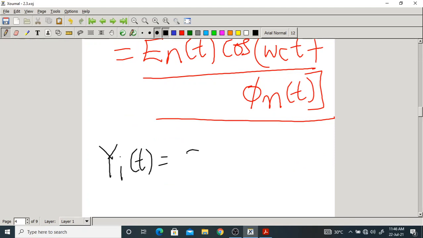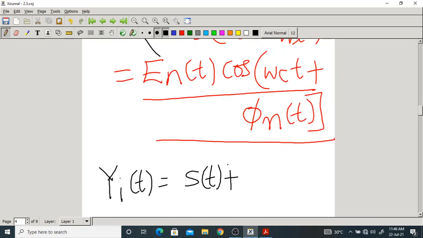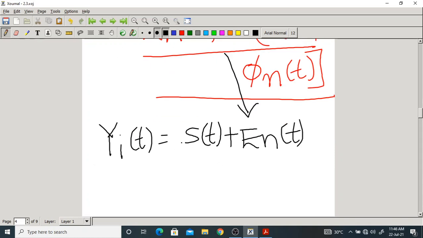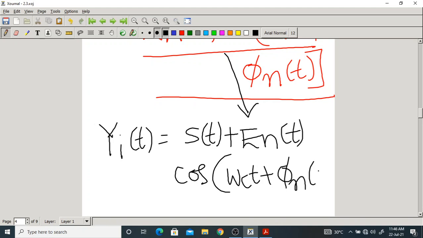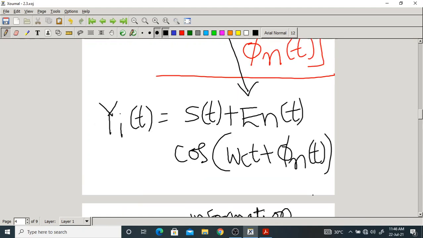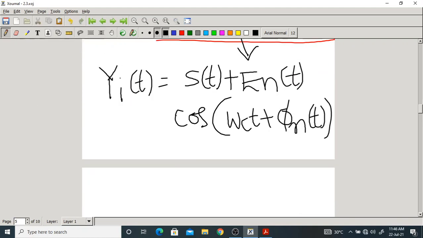That is the s(t) signal part plus the noise part. What is the noise part? That is E_n(t) cos(ω_c t + φ_n(t)). This is the input to the demodulator.